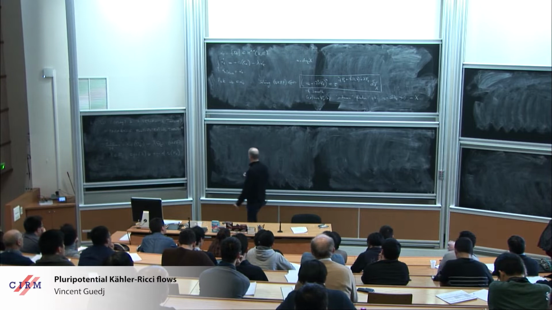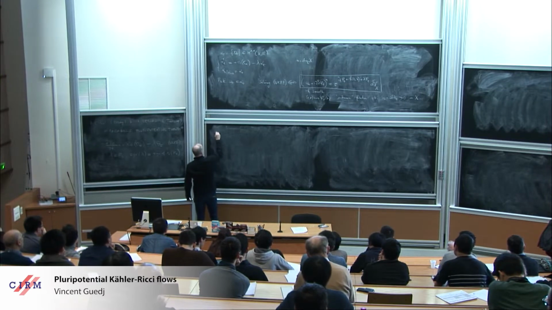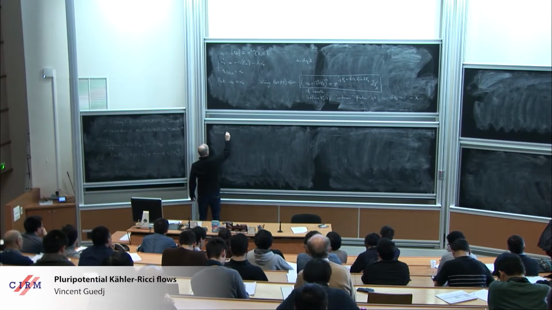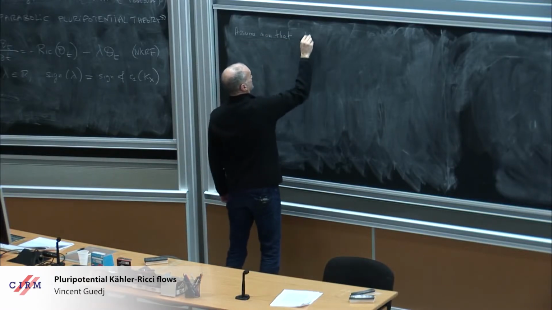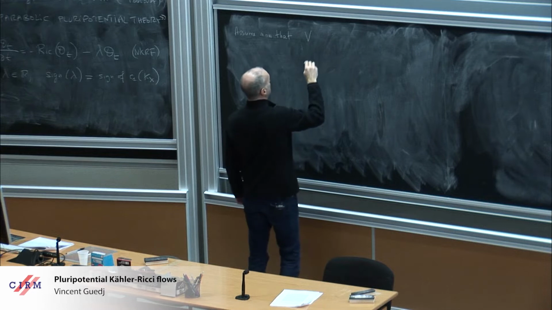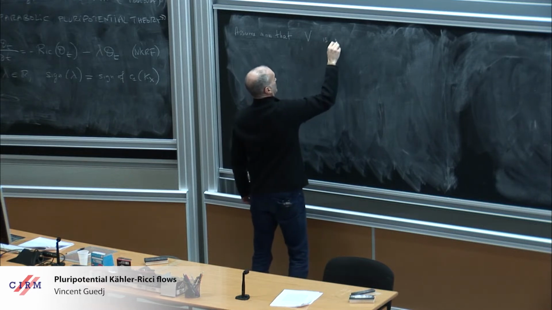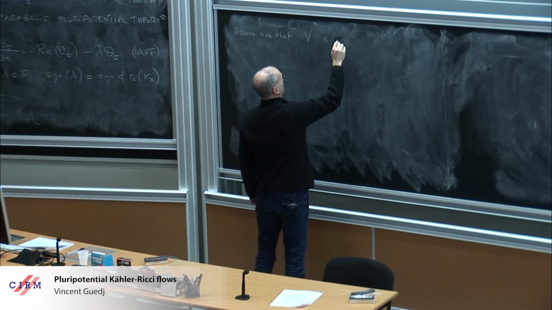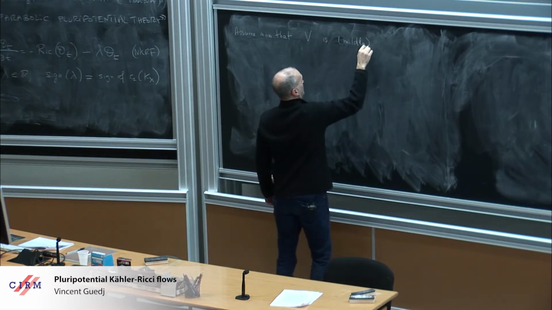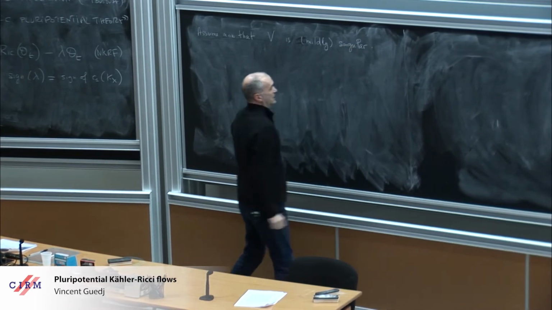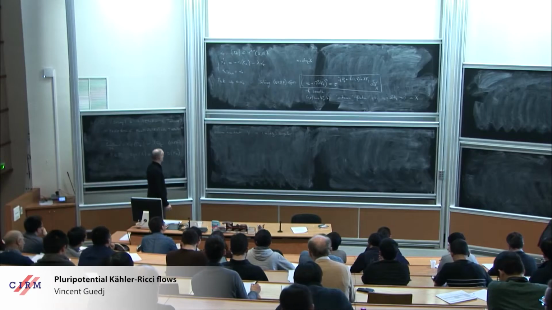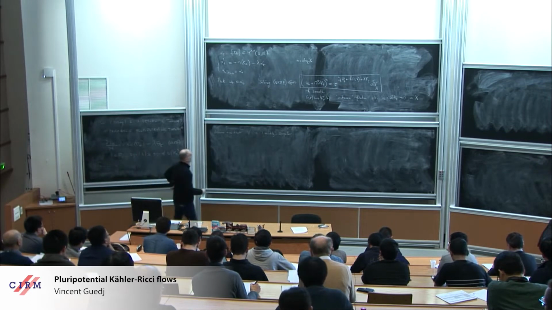As Gabor explained, so assume now that the underlying variety is actually mildly singular. It still makes sense to consider such an evolution equation.